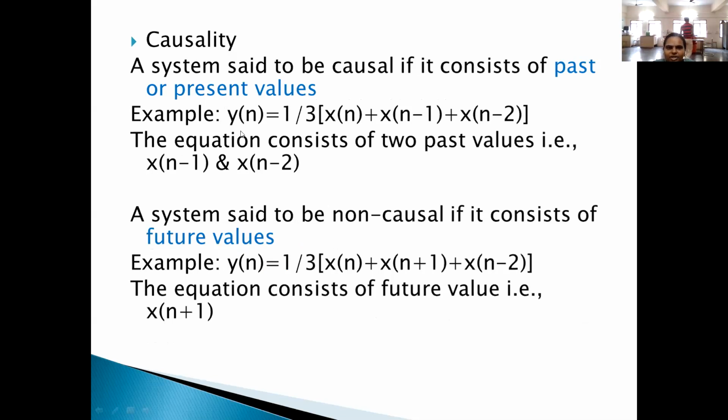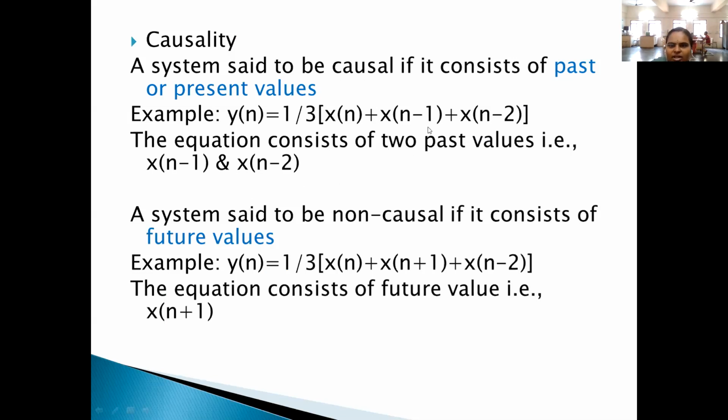Observe here, the example is y of n is equal to 1 by 3 times x of n plus x of n minus 1 plus x of n minus 2. The equation consists of two past values, that is x of n minus 1 and x of n minus 2, so it is a causal function.